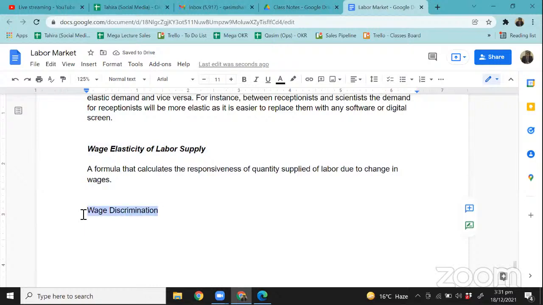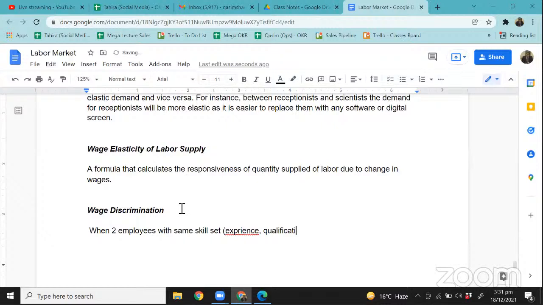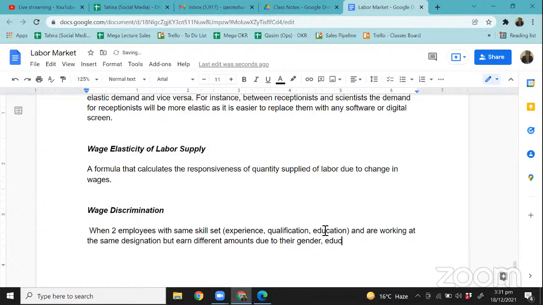I've just mentioned that basically when two employees have the same experience, qualification, education, they still differ in pay by gender, race, ethnicity. You got this, students? So that's what wage discrimination is.